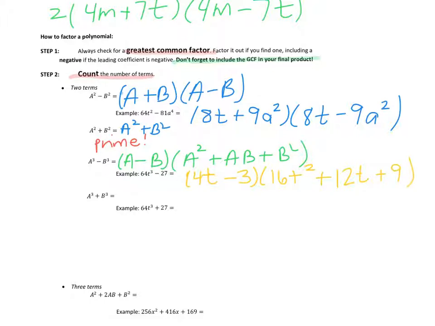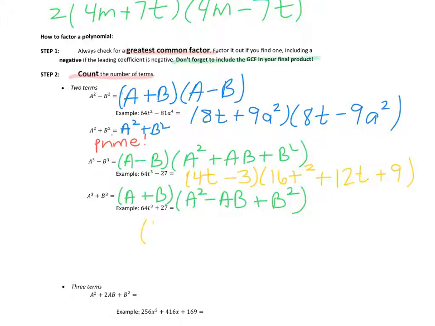All right, and then a cubed plus b cubed, it's the same, but our signs change. So we use SOAP. So same sign, opposite, always positive. So for this one, notice our example, all I did was change the sign from minus to plus.